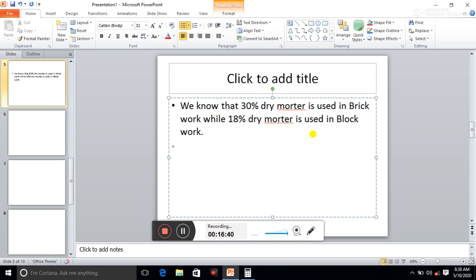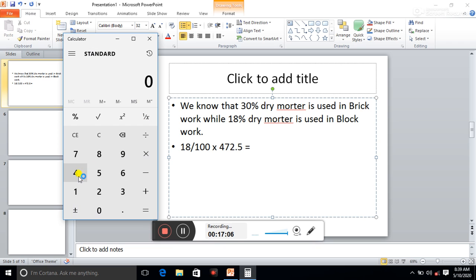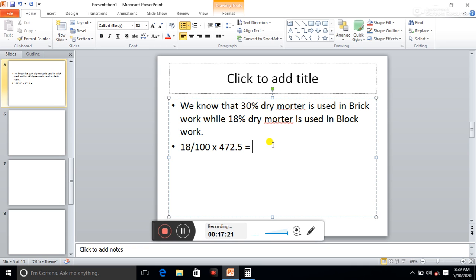So 18%, 18 divided by 100 into the volume of wall, which was 472.5. 472.5 into 18 divided by 100 will give 85 cubic feet.